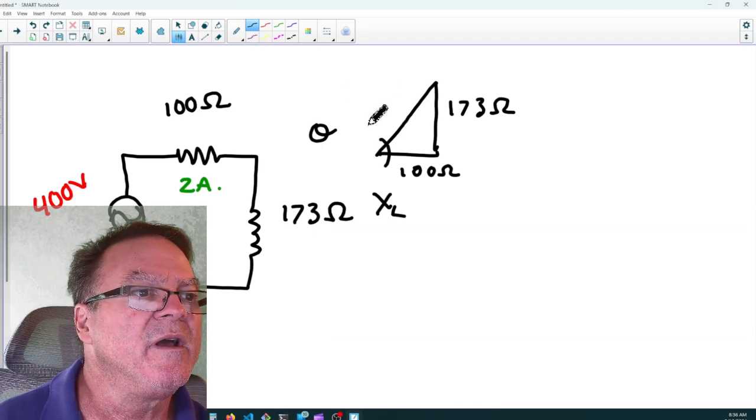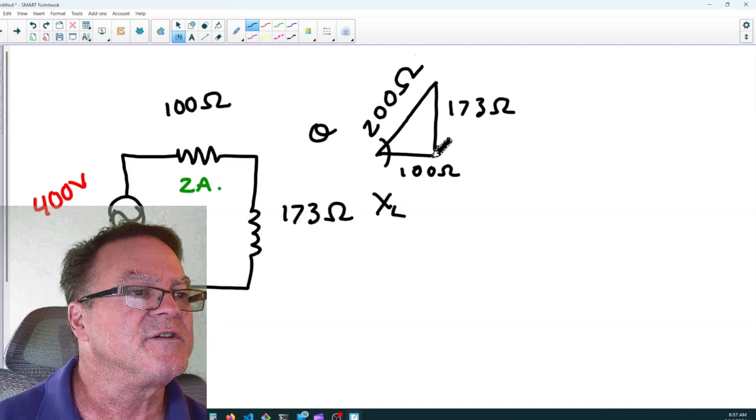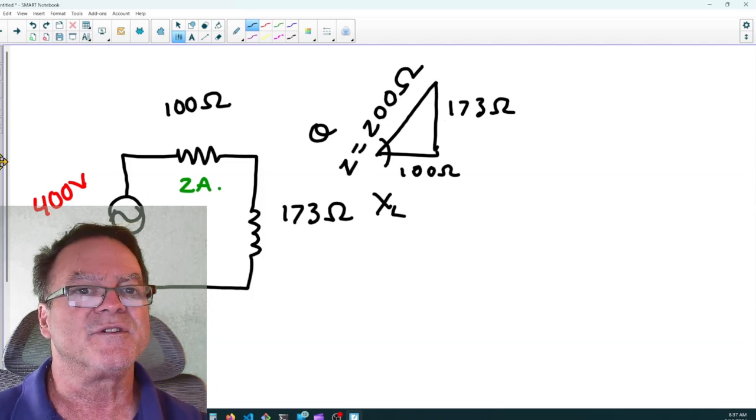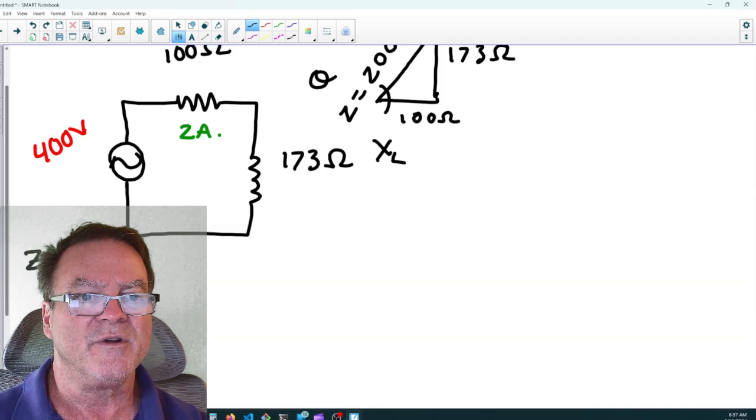We ended up with 200 ohms of impedance. Here's my resistance, here's my inductive reactance, and this is impedance, the total opposition to current flow in an AC circuit. So impedance equals 200 ohms.